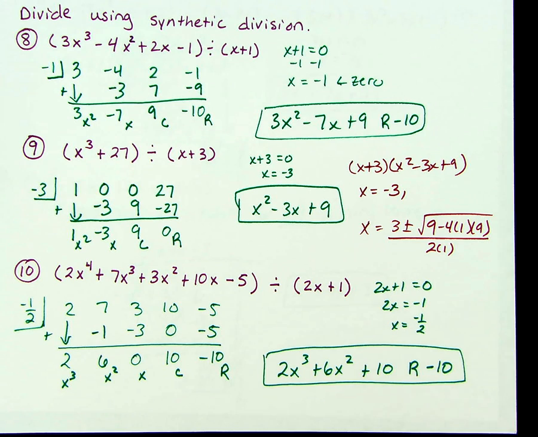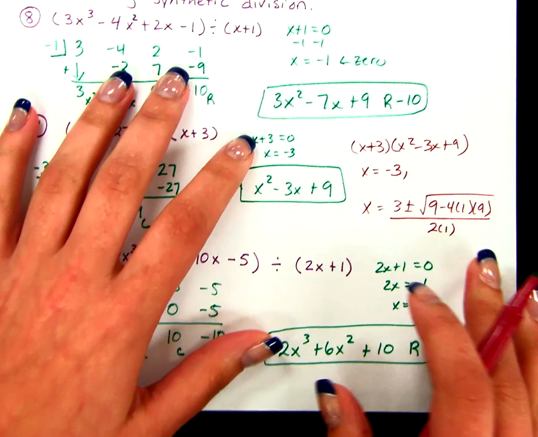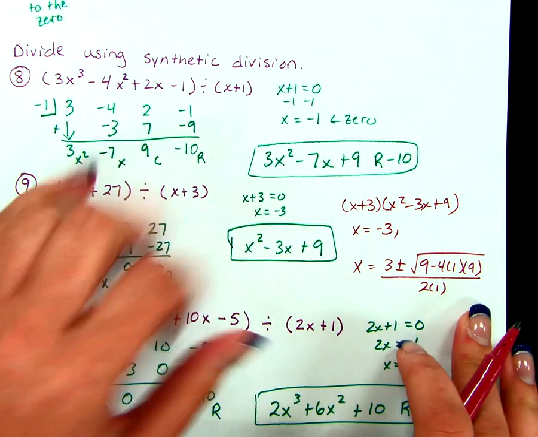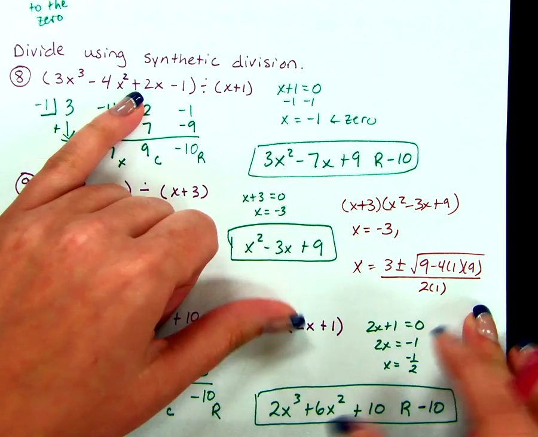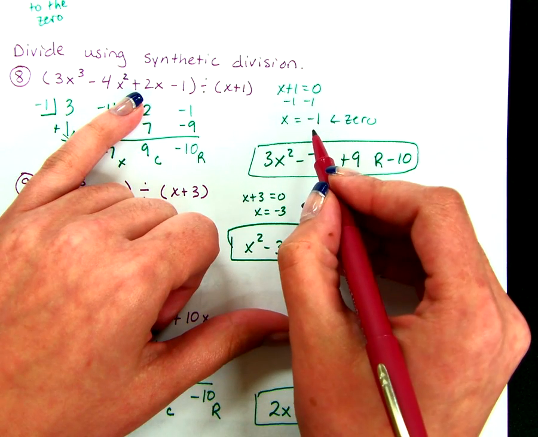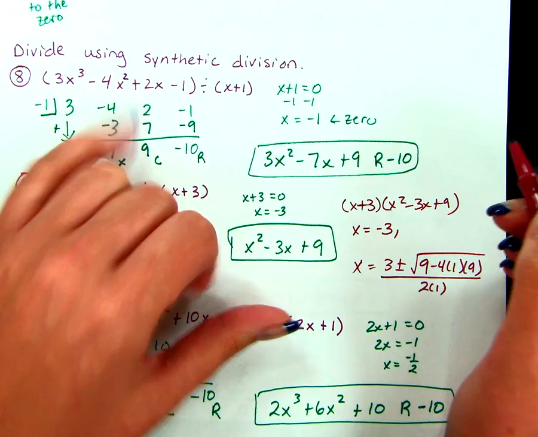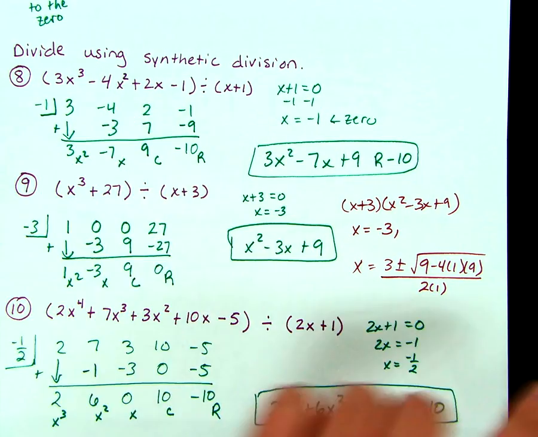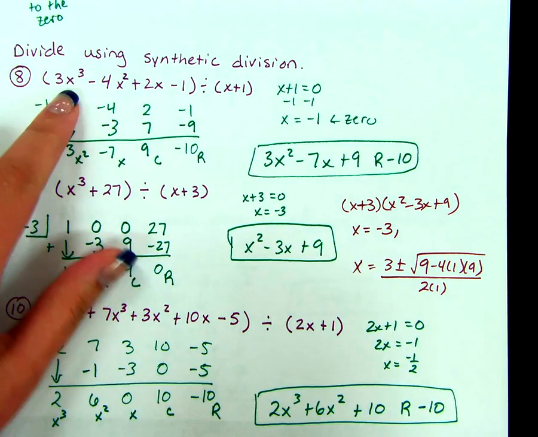And one more important thing to know about division is that we can also use it to evaluate. So if we take a look at problem 8, let's say that I wanted to evaluate this problem for -1, which happens to be my 0. So that means that I'm going to substitute -1 into all the x's and then simplify.